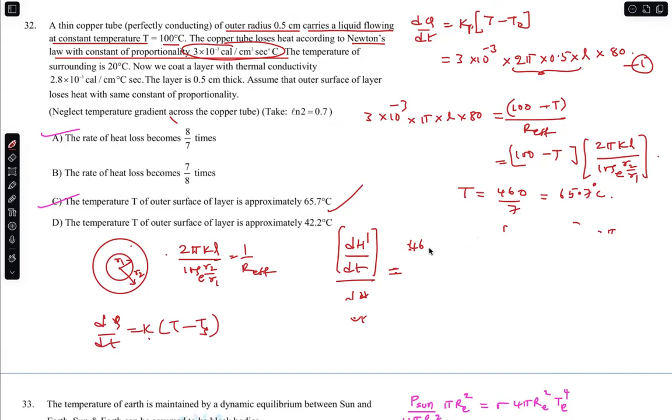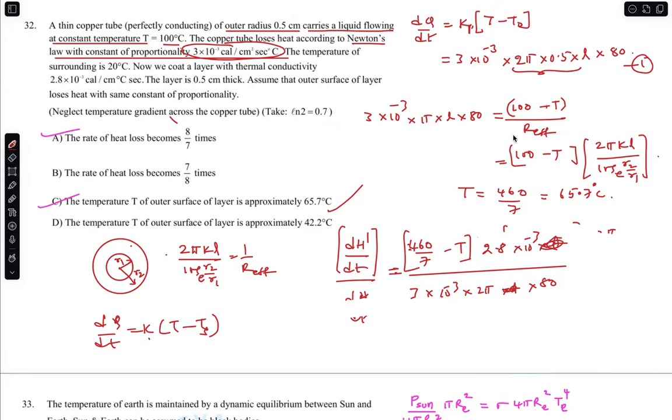So (460 by 7 minus T) times the new K, 2.8 into 10 power minus 3, into area, by the initial part: 3 into 10 power minus 3 into 2 pi into L. The L is common, so the length part cancels, into 80. By solving which you will get the answer as 8/7.